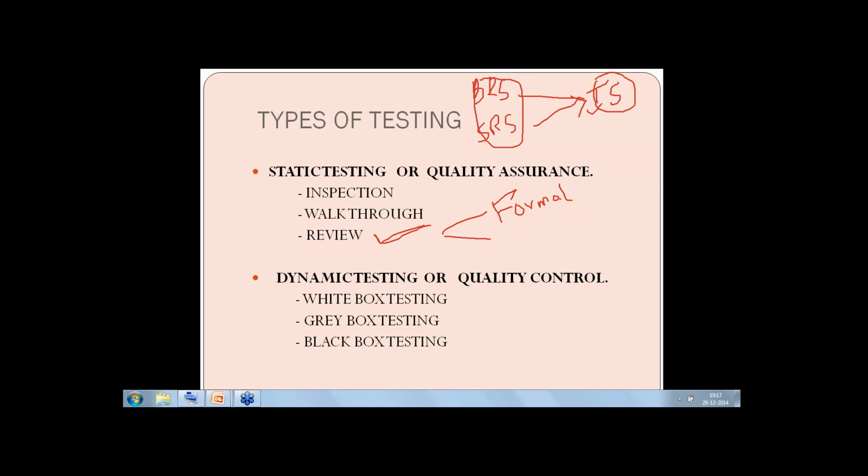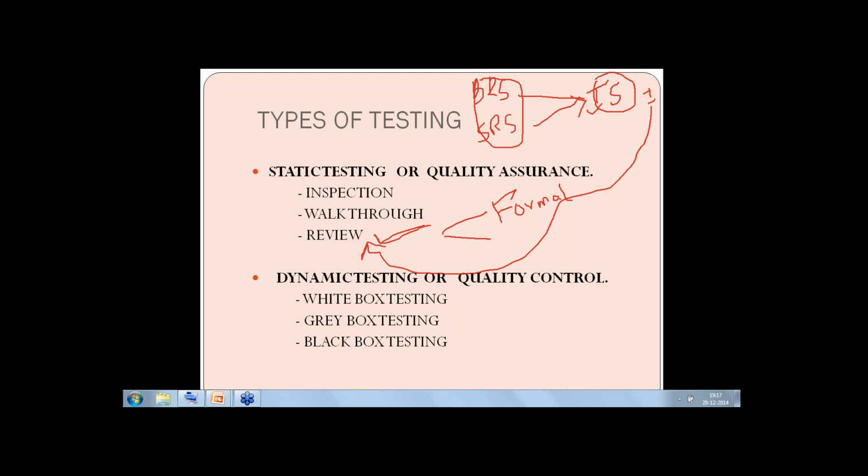For example, I have made the test strategy document, so I will call a review meeting and send the invitation to come for a review of my document called test strategy, with the review meeting date and time, to persons who belong to the review team.